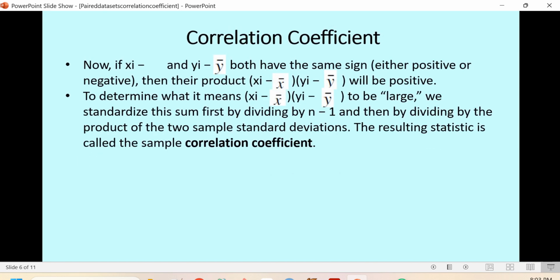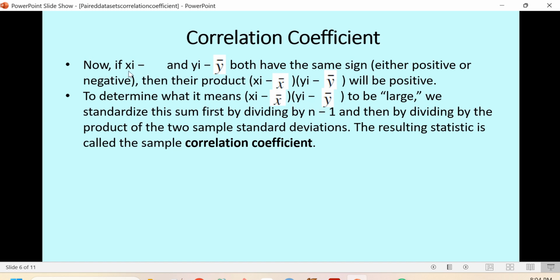So next, here is xi minus x bar. If xi minus x bar and yi minus y bar have the same sign, either both positive or both negative, then the product of them will be positive, right? But if one is positive and the other is negative, then the product of those two will be negative.